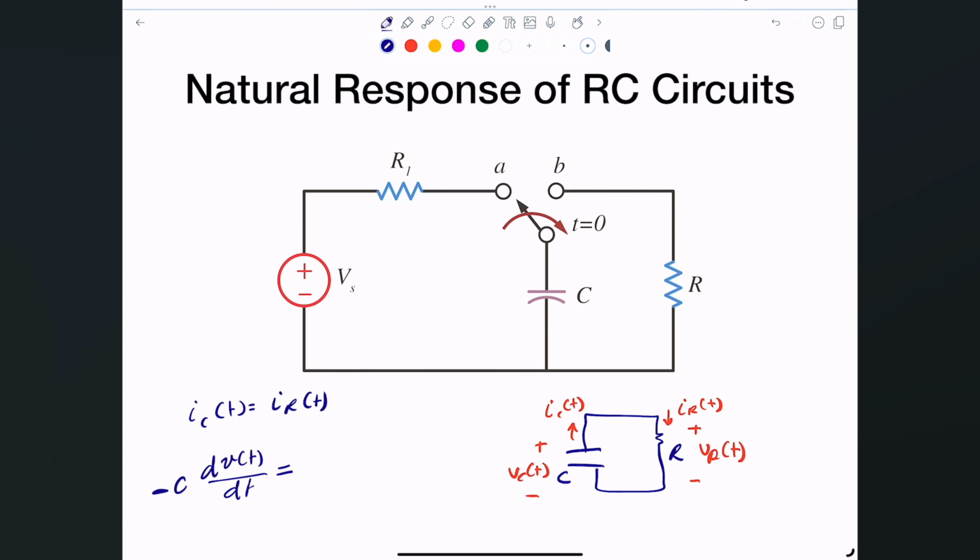And that equals the current in terms of VR, which is going to the positive side, so it will be positive VR of t divided by R. Of course it is the same V, so I'm not going to say VR or VC because they're exactly the same. Between here and here, what I'm interested in is that V of t.